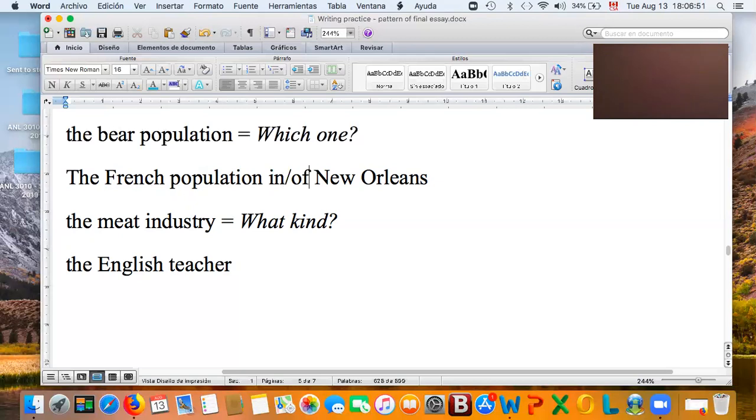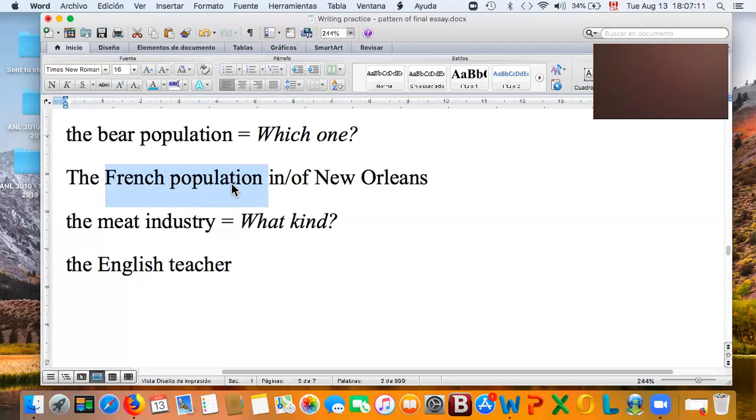Well, if there's contrast, you could say the French population. Okay, so in New Orleans, there's a Spanish population and there's a French population. We would put the accent there for contrast. But if there's no contrast, no context, no issue of contrast, we would pronounce this as the French population.